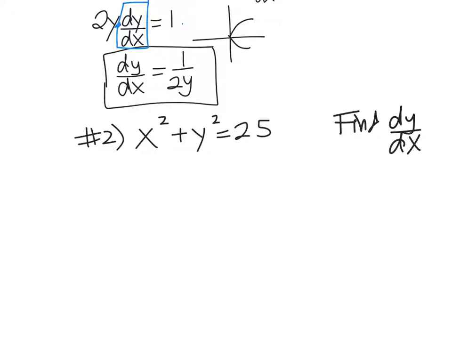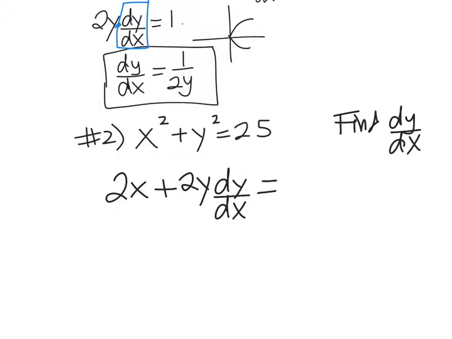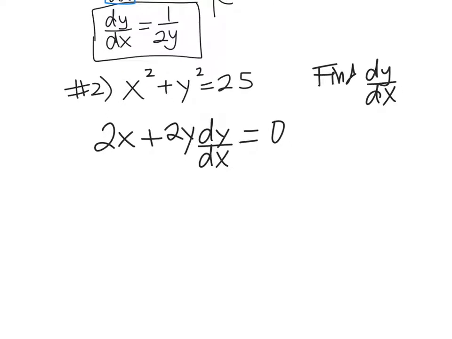The derivative of x squared is 2x. The derivative of y squared is 2y dy/dx, equals the derivative of 25, which is 0. Now solve for dy/dx.